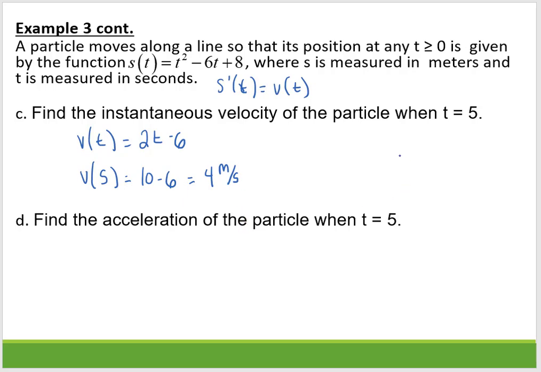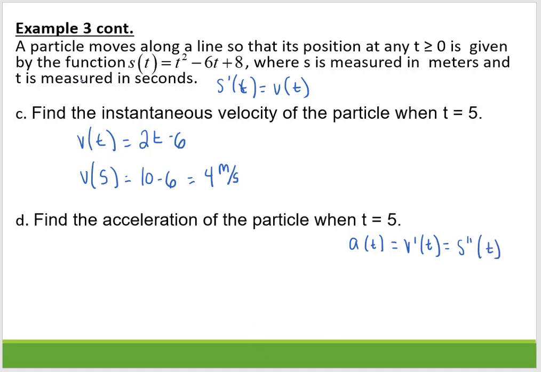Now acceleration. Let me go up here for acceleration. So acceleration is the rate of change of velocity. So acceleration is the derivative of velocity. Said another way, that is the second derivative of position.